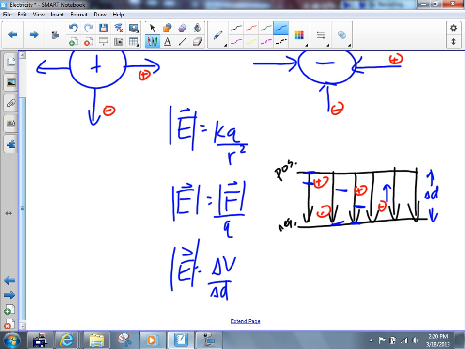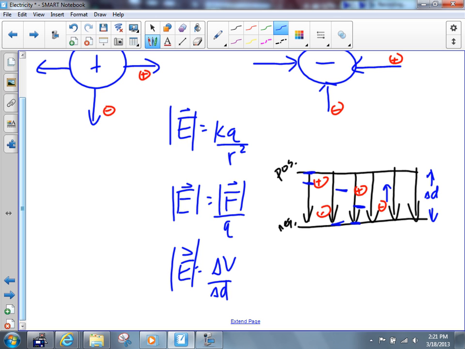Delta V, on the other hand, is what we call the potential difference. The difference in energy per coulomb of charge between the top plate and the bottom plate. It's analogous to, remember we said on Friday, we go down to 7-Eleven with $10, each of us. The money per person when we go into 7-Eleven is $10. The money per person when we come out is $8. The difference in money per person is $2.